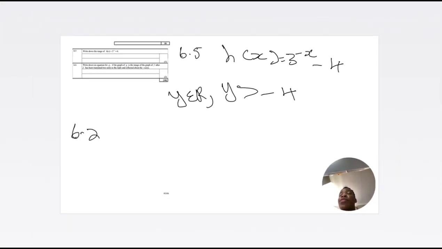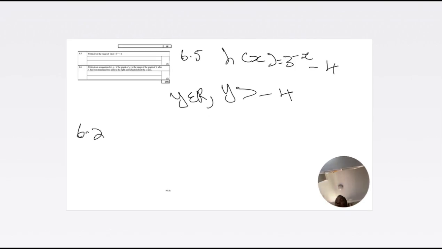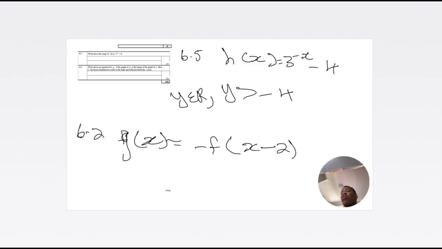So they are saying this graph here has been translated 2 units to the right. So that means we'll have f of x. Is it f of x or g of x? g of x is equal to minus f of x minus 2.